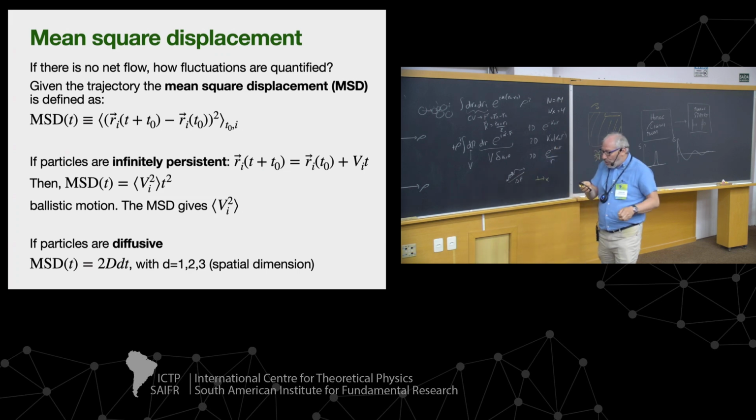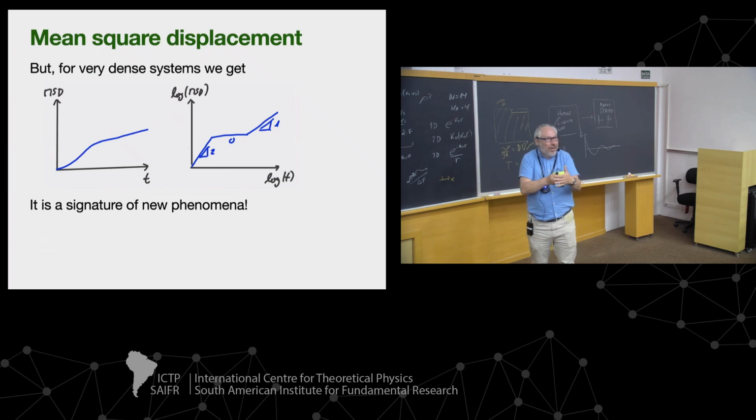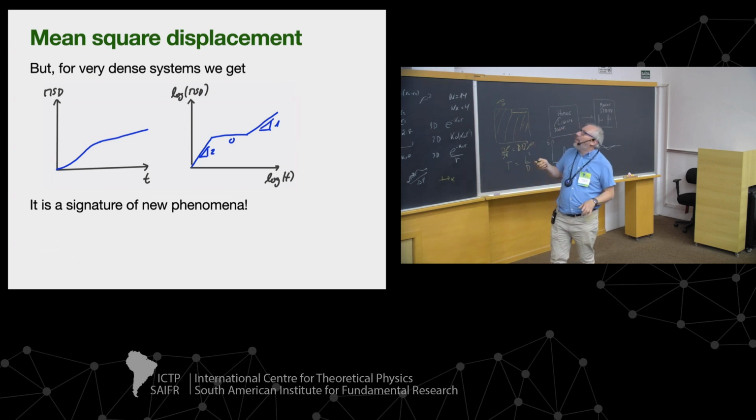So at short times, you are going to see ballistic motion. But then they block, and they stop moving. But that depends a lot on the model. In AVPs, that's really hard to see because you get instabilities and other kinds of stuff.